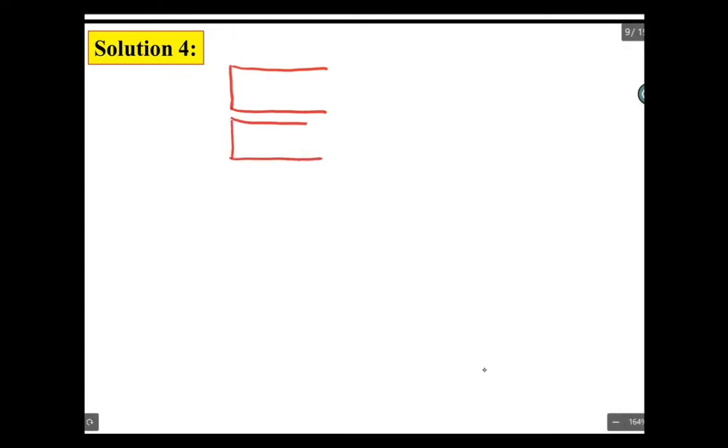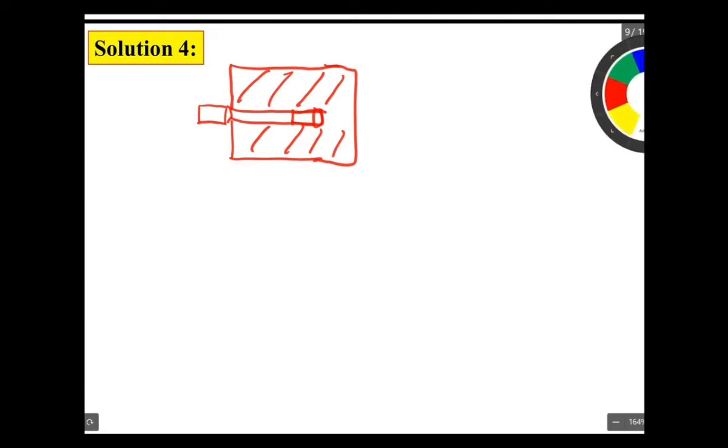Macam mana dia punya situation itu kan. Ni blocks. Ni bulat.